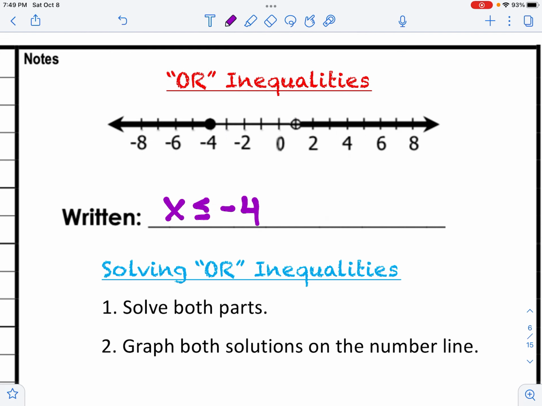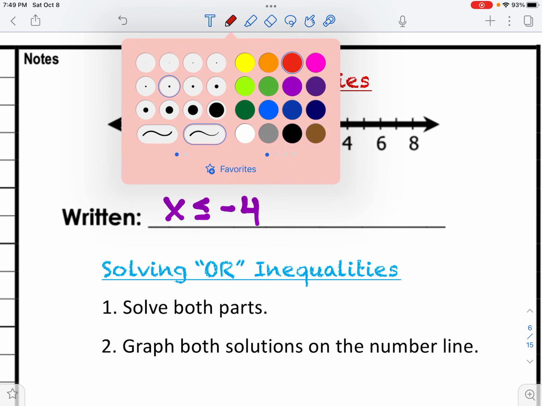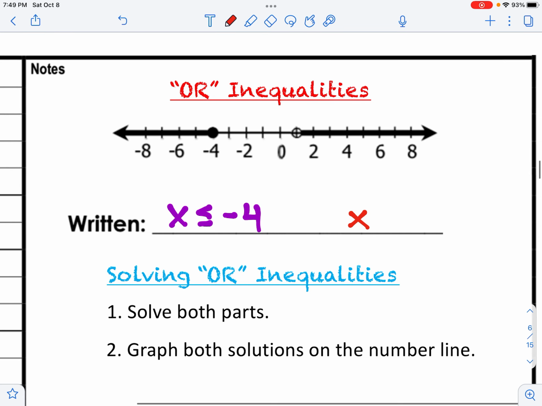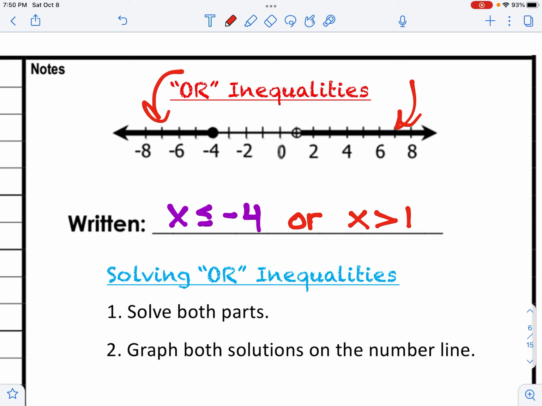And then the other one is x is greater than 1. And you can be in either this region or this region. It doesn't matter. So we use the word or. It says it's okay to be in either of those shaded regions, and that will qualify as a solution.